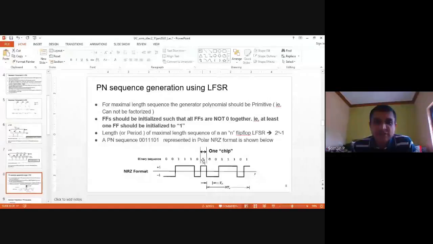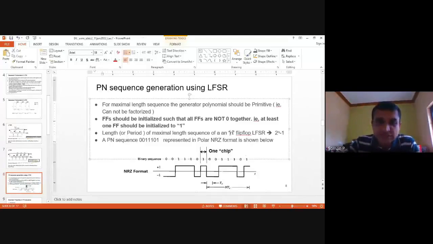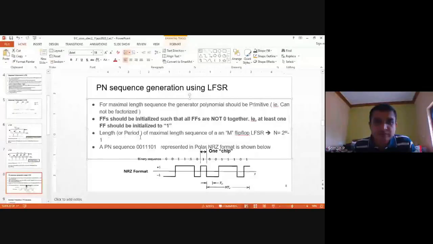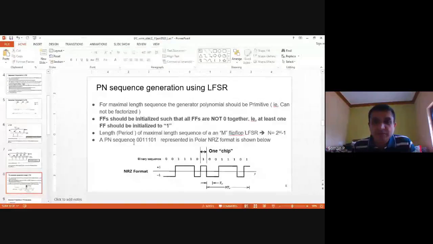So the chip duration is Tc, the 1 bit duration, and the total period is capital N times Tc. For M flops, the length capital N is N equal to 2 raised to M minus 1.